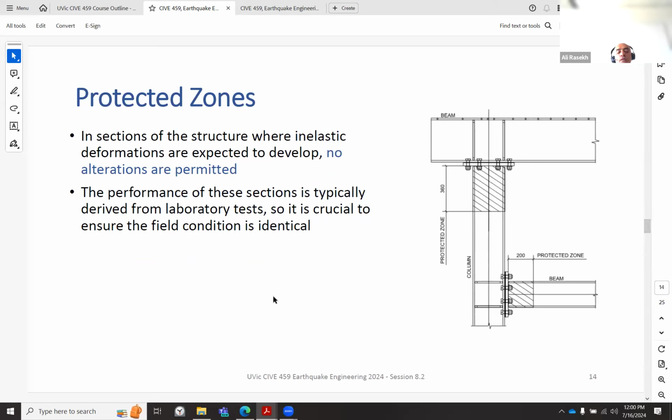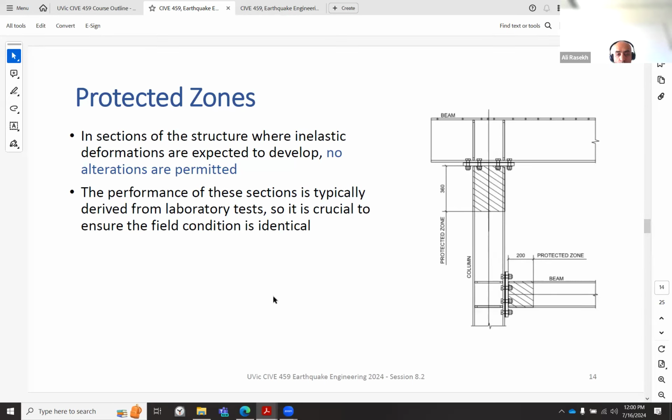Protected zone. Another concept that you should be aware of is the concept of protected zone. That's basically the zones that a structural designer wants to yield, and he would mark it as protected on the drawing so that nobody punches a hole in those areas.